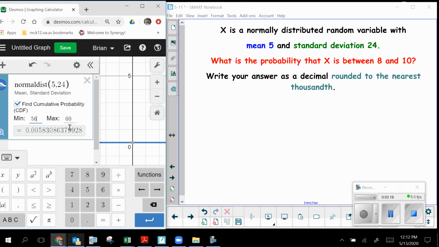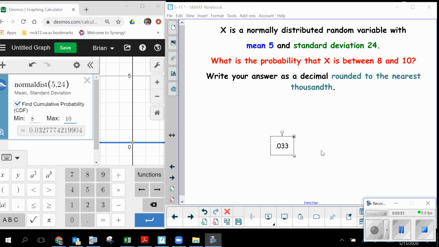But we still have our old values in here, so we need to get rid of those. And this is asking us what is the probability that x is between 8 and 10. So we would put a min of 8, a max of 10, and there's our probability, 0.0327. We'd be looking at the 7 to round up, so we would say that this is 0.033 rounded to the nearest thousandth.